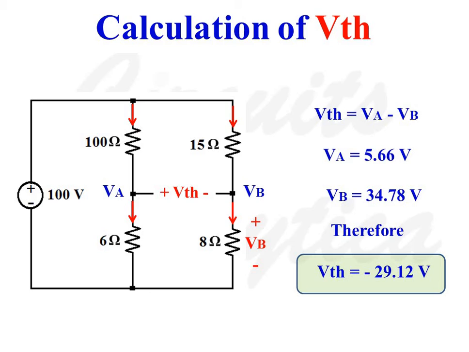So we can write VTH is equal to VA minus VB. VA is equal to 5.66 volt and VB is equal to 34.78 volt. Therefore, VTH is equal to 5.66 minus 34.78. We will get VTH is equal to minus 29.12 volt.